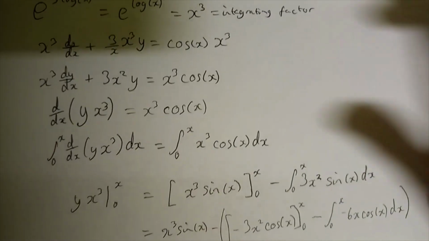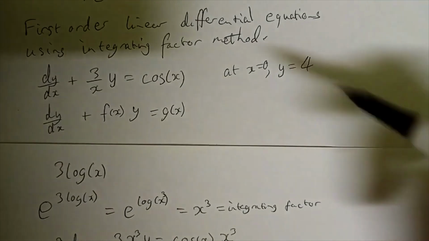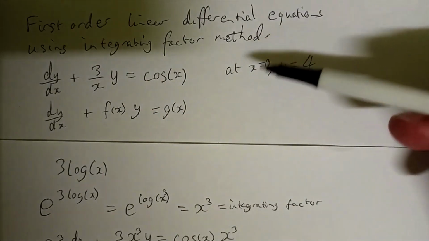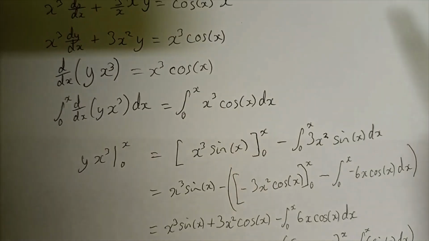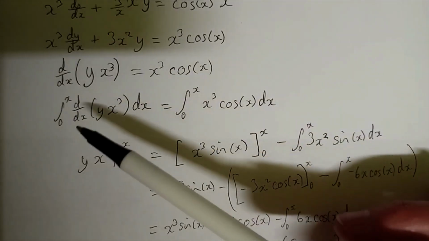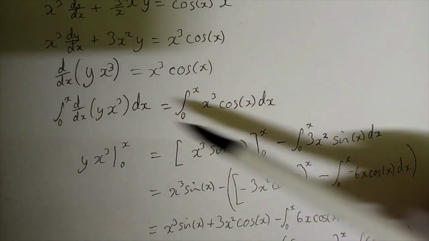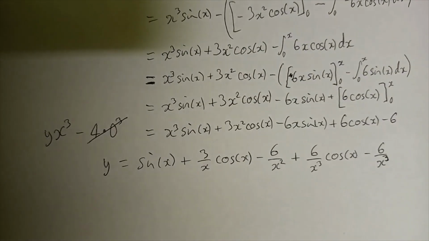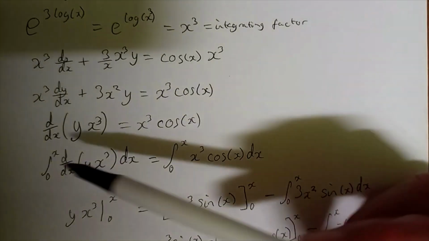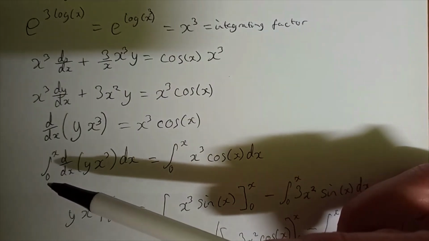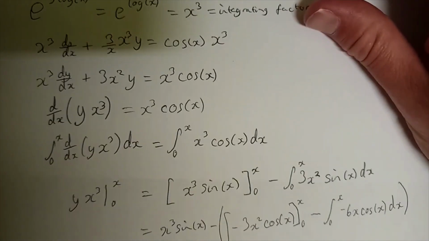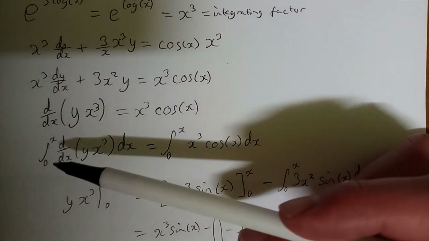So you'll notice that we didn't need to first find a solution to the differential equation and then substitute back in the initial condition, because this method enables us to do it together in one hit. So we don't have any unknown constants here, because we've integrated through with respect to x evaluated at 0, which was the value given in our initial condition, and at x.